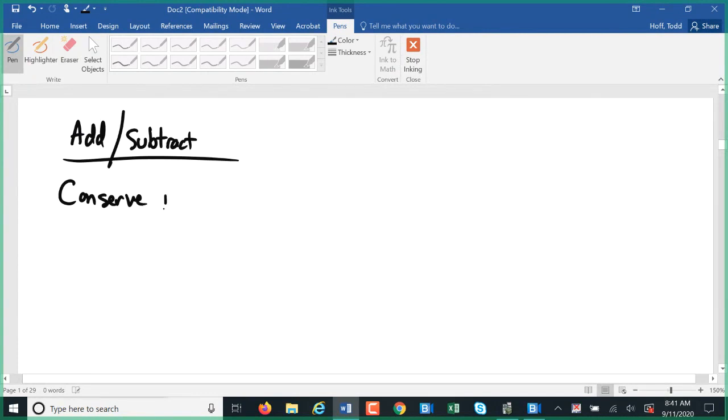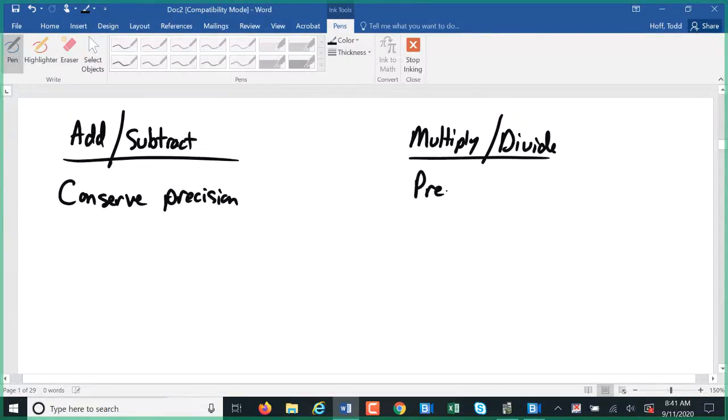We conserve precision when we add or subtract. Now, when I say we conserve precision, that means we can only calculate to the least precise number. When we multiply or divide, we preserve accuracy.